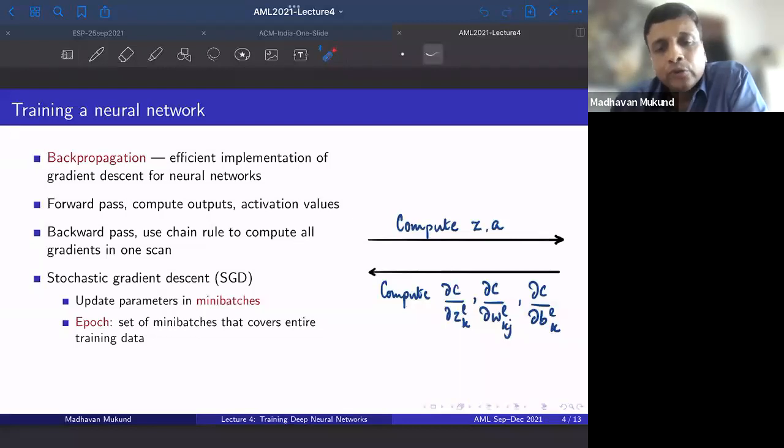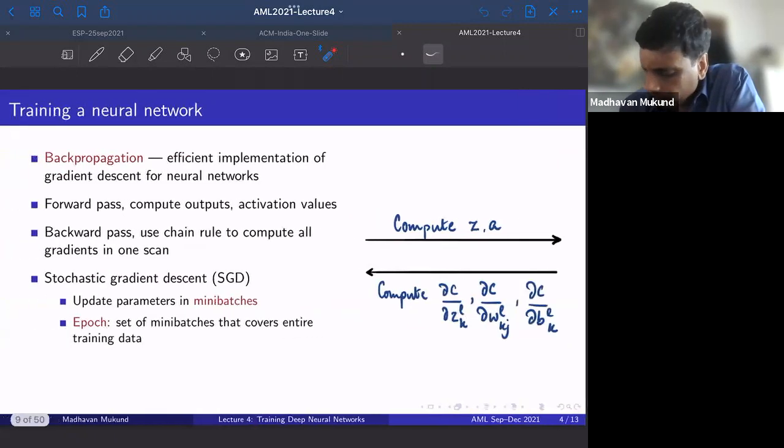Then you use the gradient to update the parameters, and then you do the next mini batch. You typically don't miss any input, so you run an epoch, which is a set of mini batches that covers the entire training data. This is the traditional way that you train a neural network.